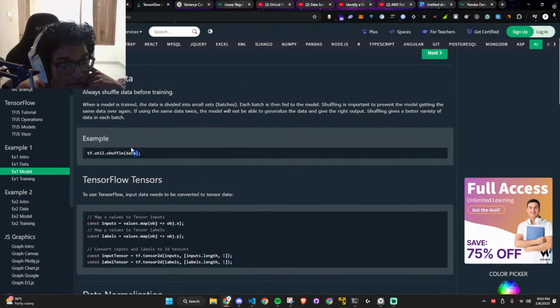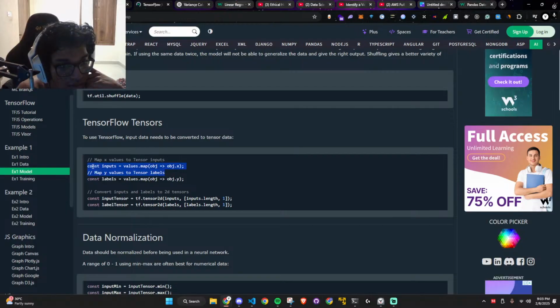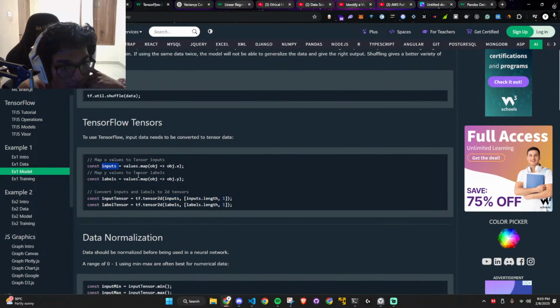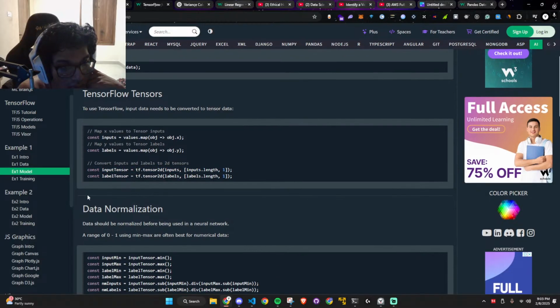Okay, so it seems like you map onto the x-axis the stuff that has x's and the stuff that has y's. Inputs with a length. So you use these over here.